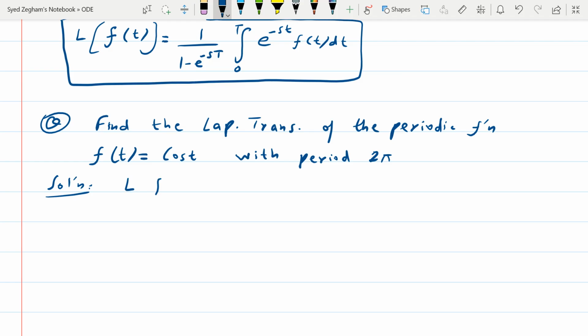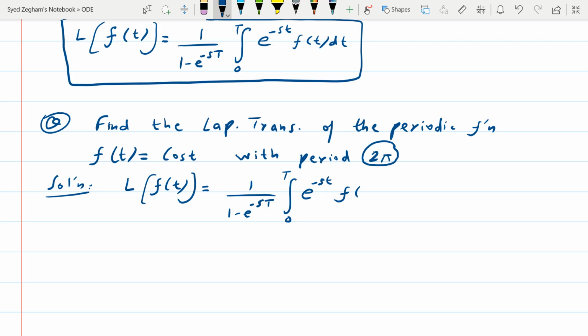So the Laplace transform of f(t), which is a periodic function, is given by 1 over 1 minus e to the power minus sT, where T is the period of the periodic function. In this question, T is equal to 2 pi. Integral 0 to T, again T is 2 pi, of e to the power minus st f(t) dt.